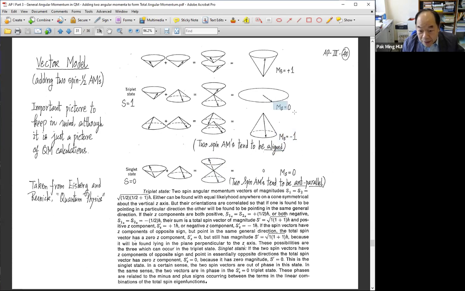The middle case, MS is 0, needs some attention. It is 0, MS, and then this also MS is 0, okay? But in this case, as we just pointed out, they are in opposite direction, so the Z vector actually cancels, okay? So there's nothing there. However, in this case, the resultant vector has a length. You can think about it as they coordinate themselves like this.